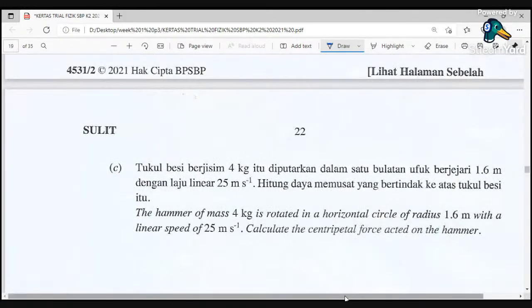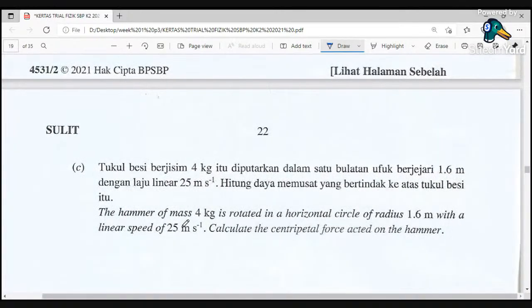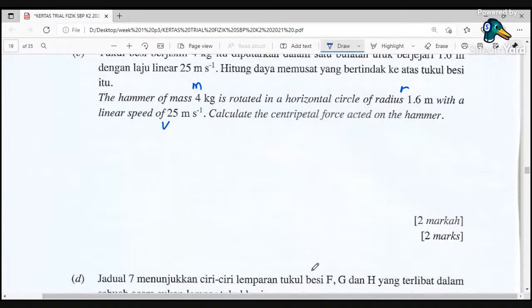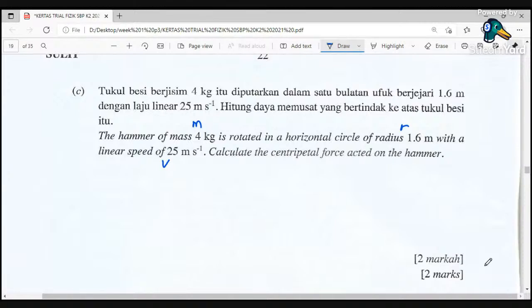Okay, part C. The hammer of mass 4 kilogram is rotated in a horizontal circle of radius 1.6 meter, with linear speed 25. Calculate the centripetal force acting on the hammer. So you can remember the formula, or you can just go and check the list.